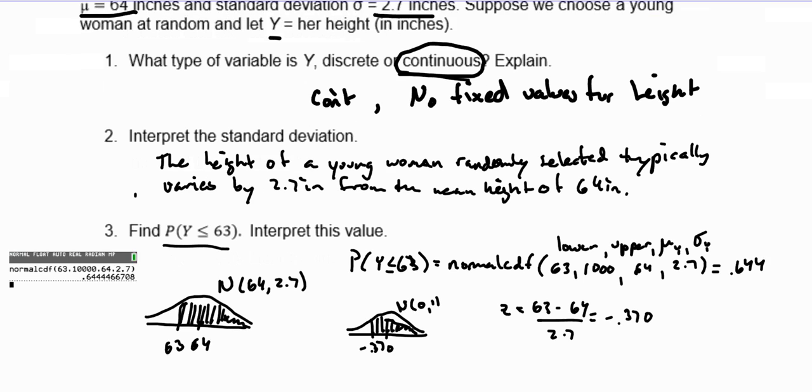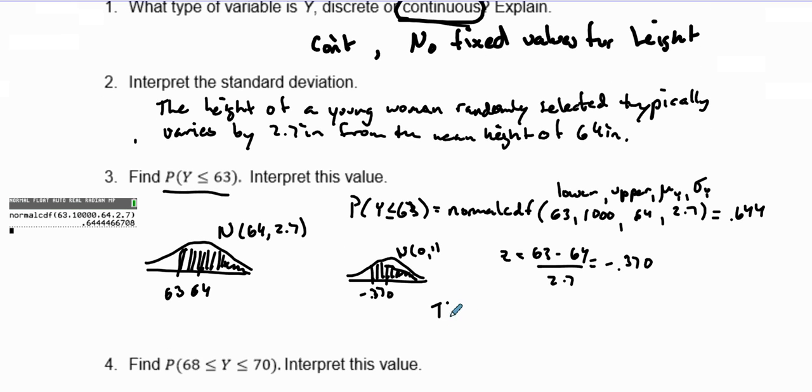So let's interpret this value. So the probability of randomly selecting a woman that is 60.